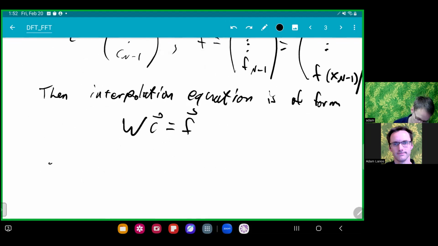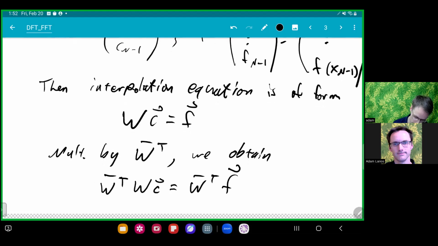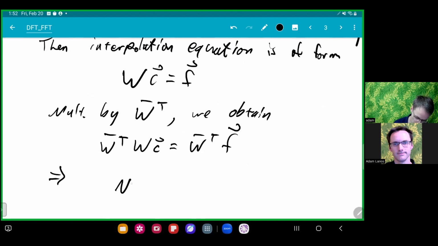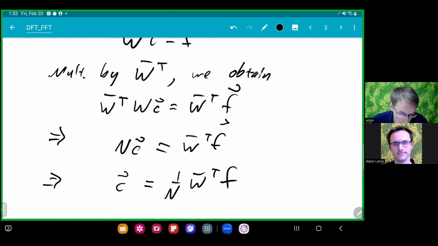If we multiply by W conjugate transpose, we have W conjugate transpose W C equals W conjugate transpose times F. But that implies that this is n times the identity matrix. So just n times C is equal to W conjugate transpose F, and that implies that C is just 1 over n times this conjugate transpose times F.